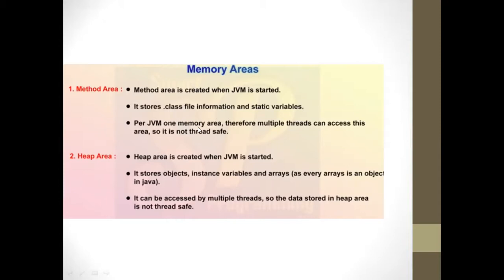What does the method area store? It stores only the class information. And what does the heap area do? It stores the objects, instance variables, and arrays. It can be accessed by multiple threads, so the data stored in the heap area is also not thread safe.